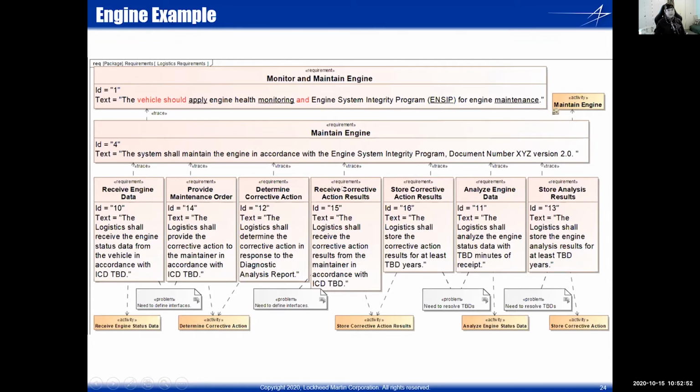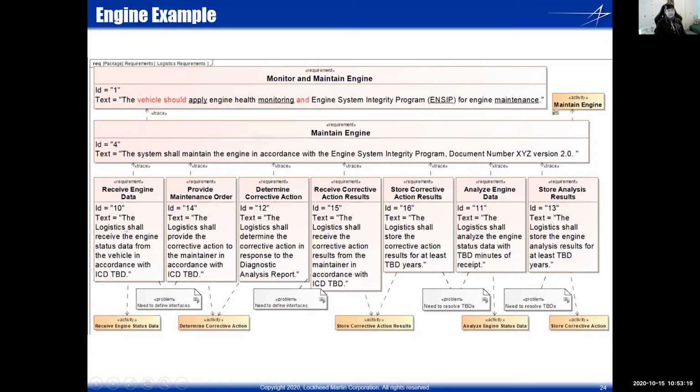So as I've gone, I have kept track of the traceability from my logistics requirement to my system requirement back up to my original customer statement. I'm keeping track of problems that I have because I haven't completed the analysis yet or I still have questions. And I'm keeping track of why I defined this requirement in the first place.